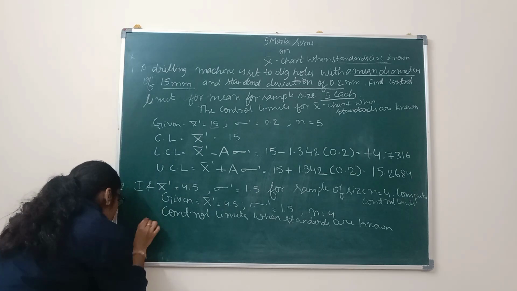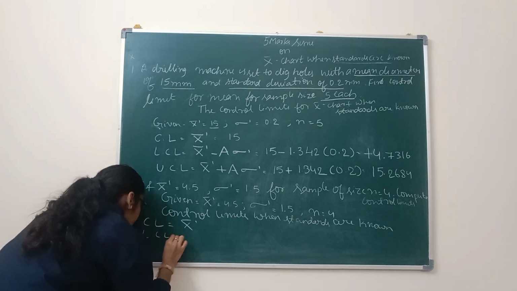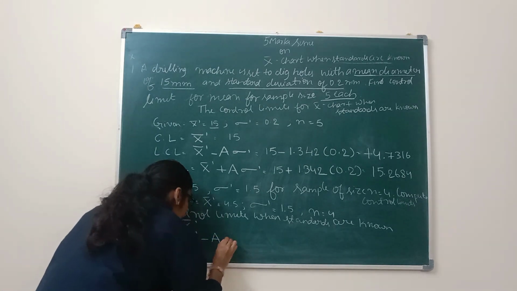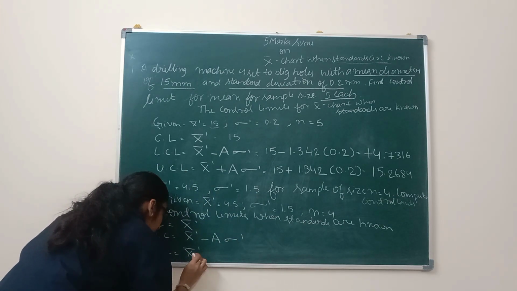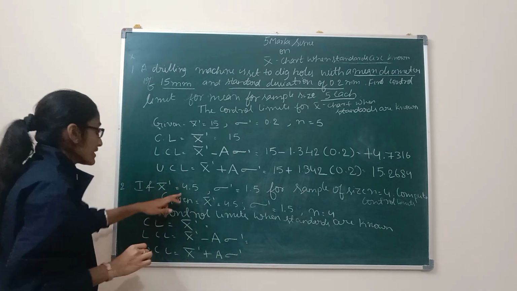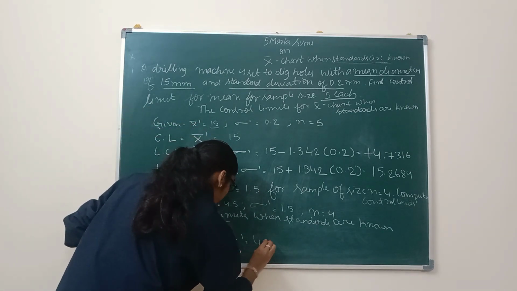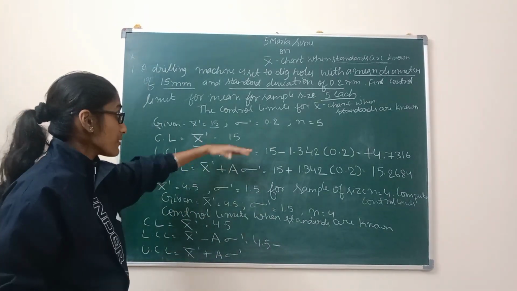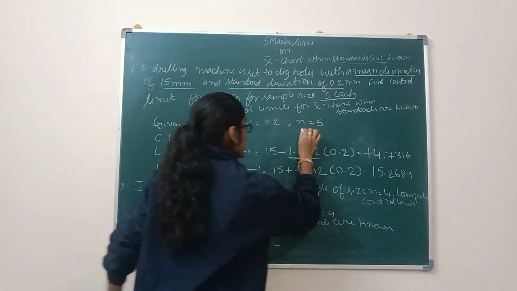The CL value, we know, is X bar dash. LCL is X bar dash minus A sigma dash, and UCL is X bar dash plus A sigma dash. We have X bar dash value as 4.5, so 4.5 minus A value. In the previous question, A value was 1.342 because the sample size was 5.